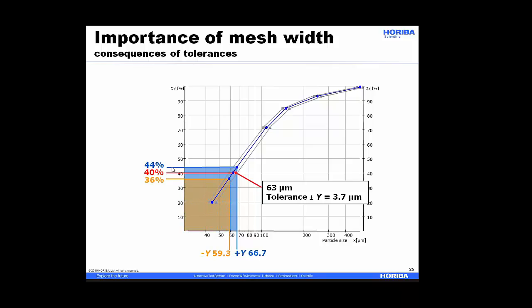If I go down, I go to D36, with 36% of my particles. So this tolerance on the mesh, which really shows up in the x-axis here, can lead to quite dramatic results when you start looking for things like D50 or the volume. So the fraction of particles with a size for which half the particles are smaller.